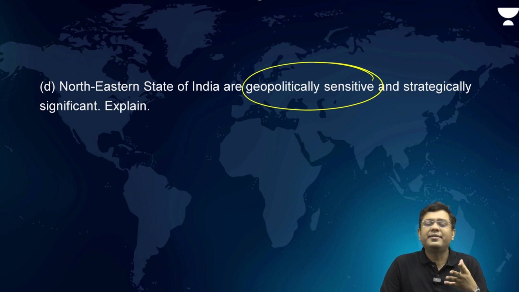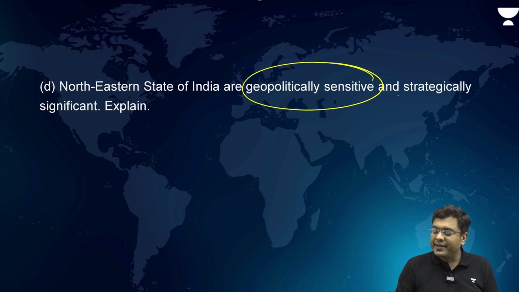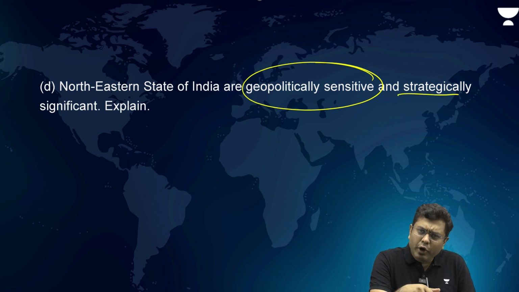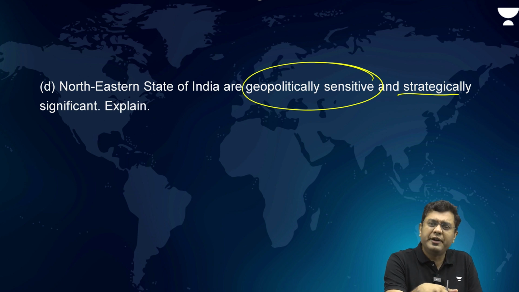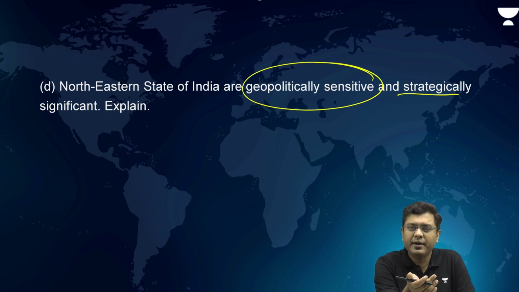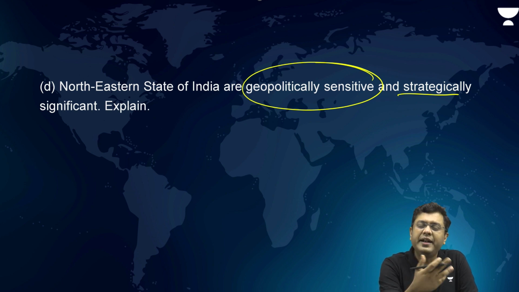So, that is why these are sensitive zones, but strategically significant as well, because of, you can talk about the various different factors of why they are important or significant. Cultural factor, they represent the diversity of the country, they have the very diverse cultural representation there. Then you can talk about the mineral resource of that region, that it is minerally rich, particularly the fossil fuel, gas, then coal, these are the minerals which are present there.